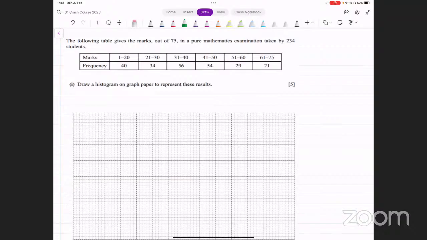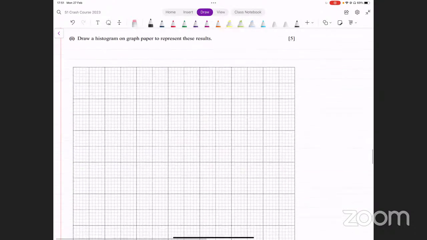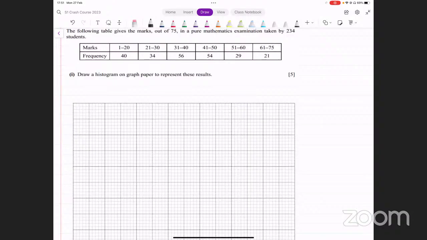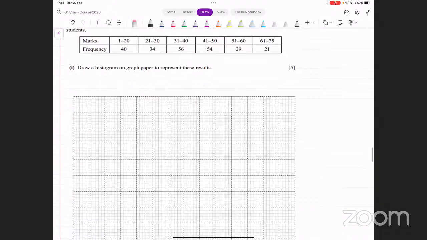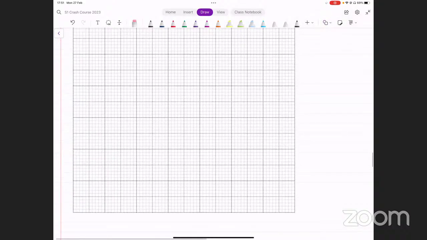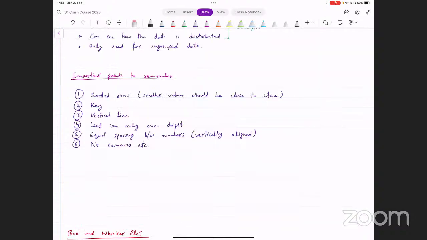How do we draw histograms? For histograms, there are 2 things that are going to be important. Number one, you cannot have gaps between the bars on a histogram. If you remember, in your O-levels, you have done 2 types of diagrams. One was histogram and another was a bar chart.